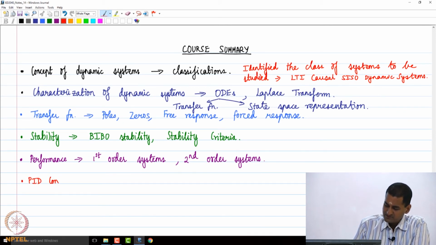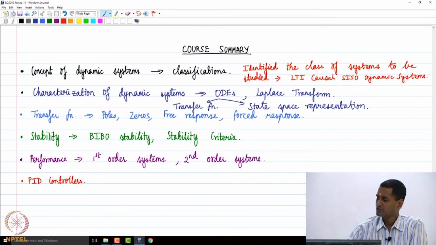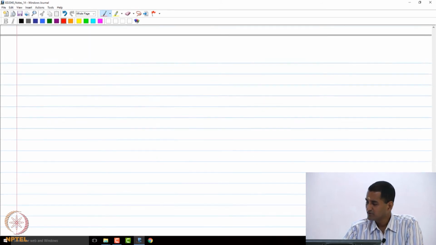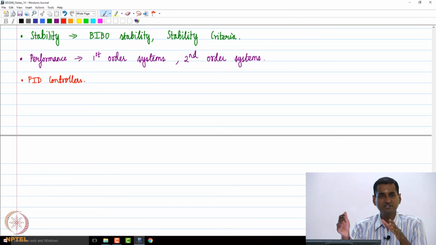So then we looked at predominantly PID controllers, right? So we learned the structures. What is the structure of the PID controller? What was the contribution of each part, proportional, integral, and derivative? What are the pros and cons of each component in the PID control structure?